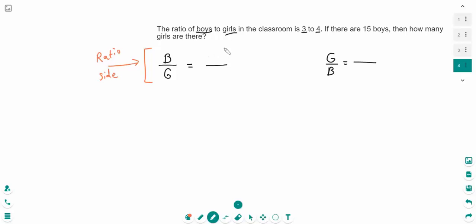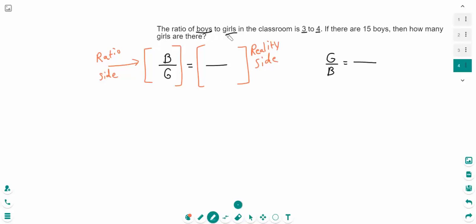And this side, maybe I'll just box these, we have to give it a name. Let's make up a name. Let's call it the reality side. So this side is the ratio. This side is, in reality, how many of each do we have? Hopefully that makes sense.